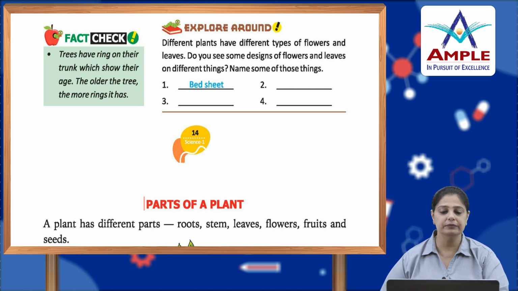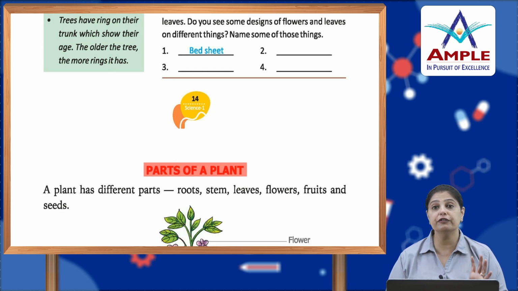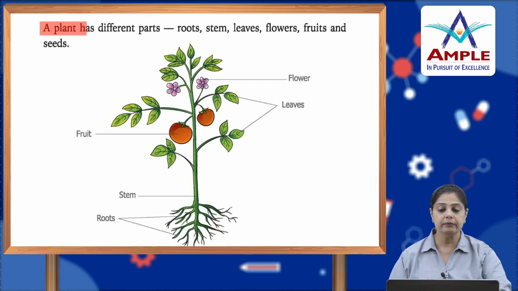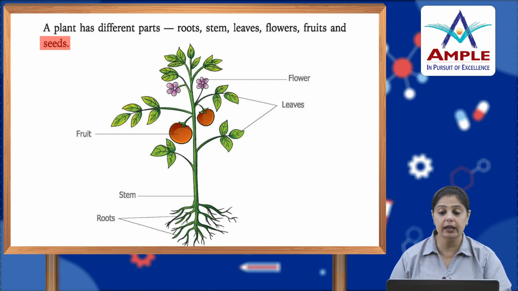Now let's look at the parts of a plant. Just like we human beings have different parts, plants also have different parts. A plant has different parts: roots, stem, leaves, flowers, fruits and seeds. If you look at a plant, you will see that it has flowers.